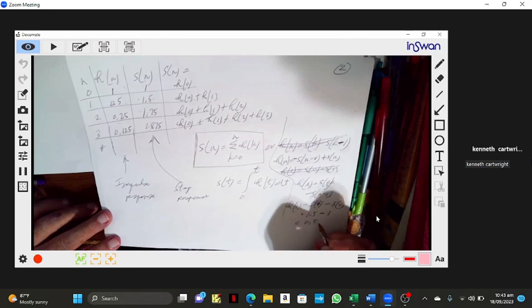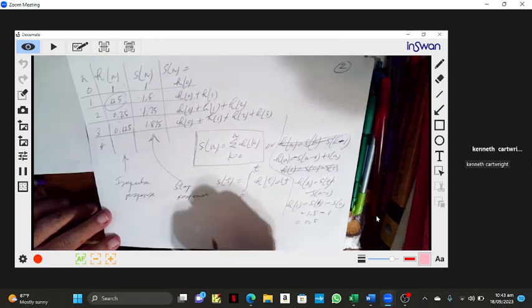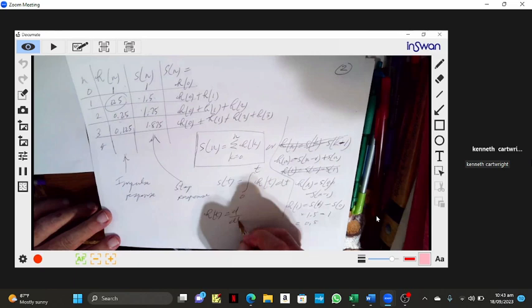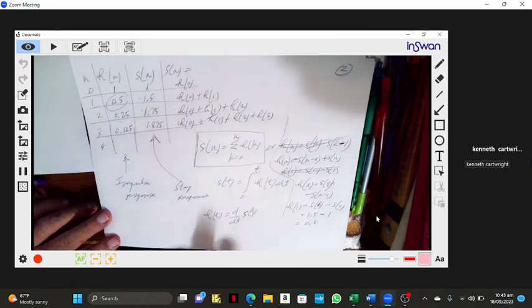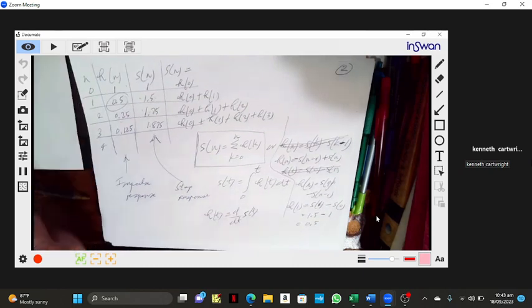You're supposed to know both these equations from 320. So the derivative becomes the difference equation, and the integral becomes the summation.